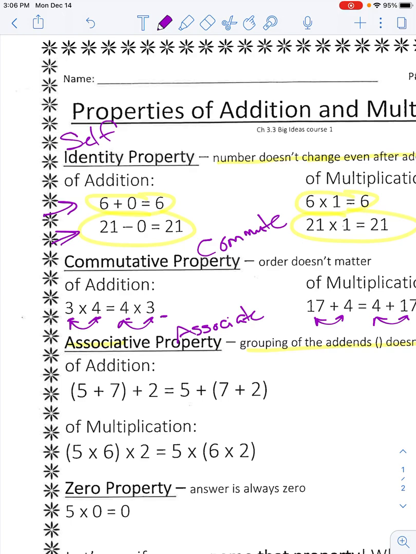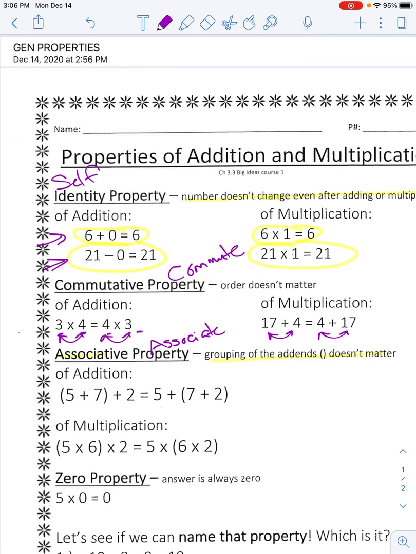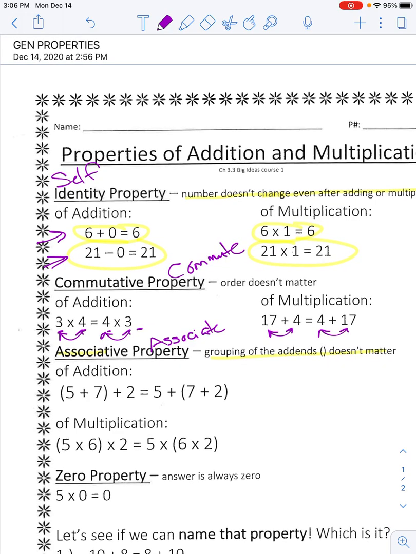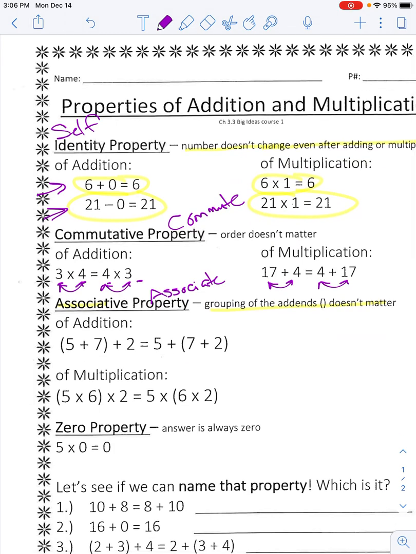At school, I associate with Mrs. Defendants and Mrs. Pinkerton and Mr. Stewart and Mrs. Wolf and Mrs. Yoder. When I go home, I associate with somebody different. I associate with my husband and my son. On the weekends, I associate with other hockey families. So think of the word associate as who you're hanging out with.